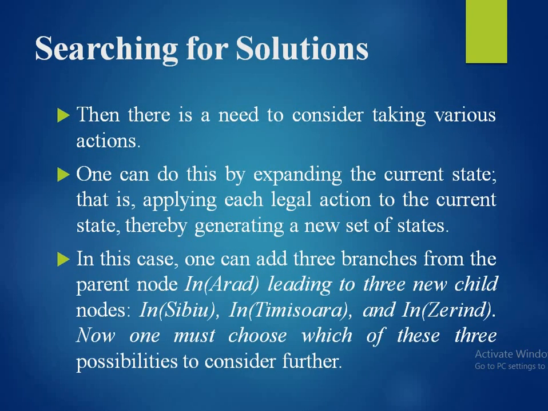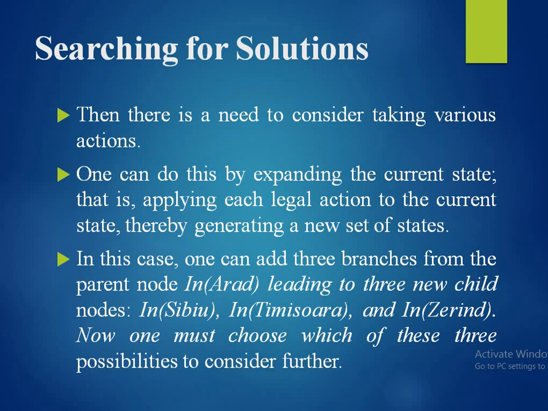Then there is a need to consider taking various actions. One can do this by expanding the current state, that is, applying each legal action to the current state, thereby generating a new set of states.